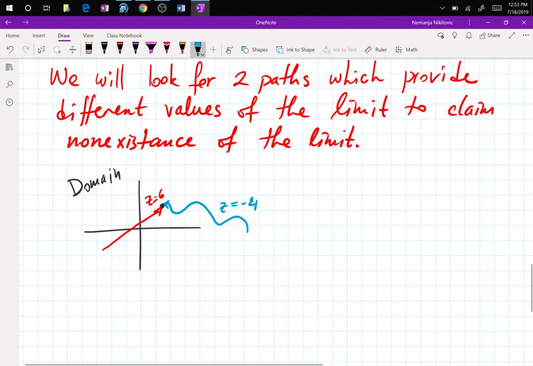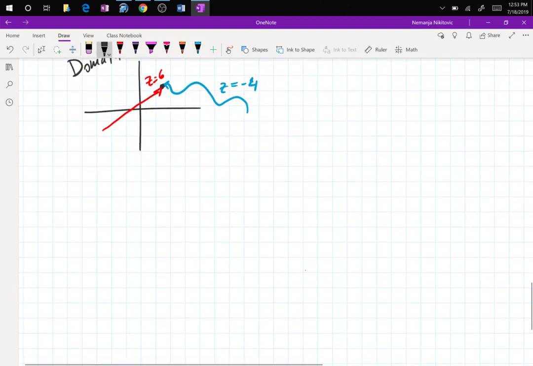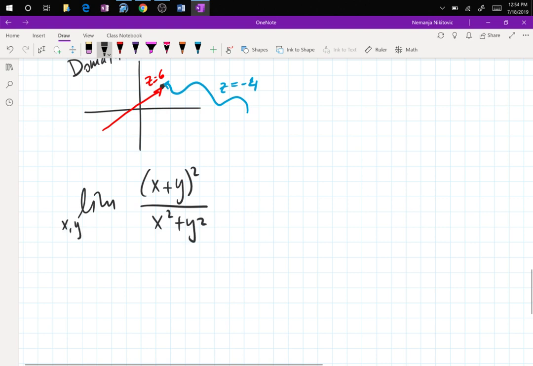Now, to illustrate a few examples here, let's talk about this. This is a good example. The limit of (x plus y) squared divided by x squared plus y squared as (x,y) goes to (0,0).